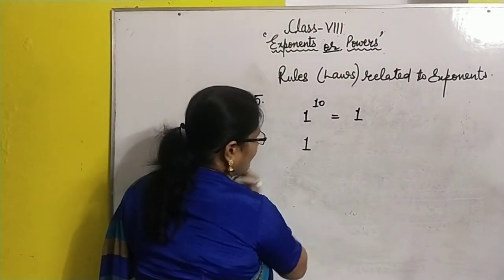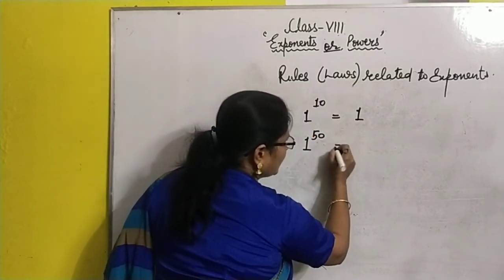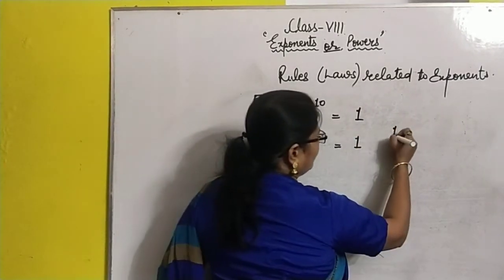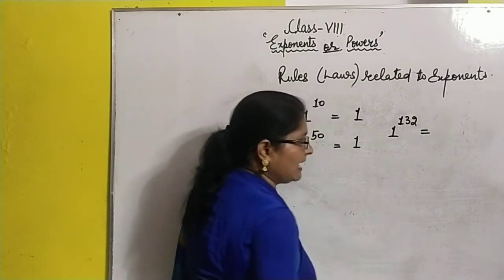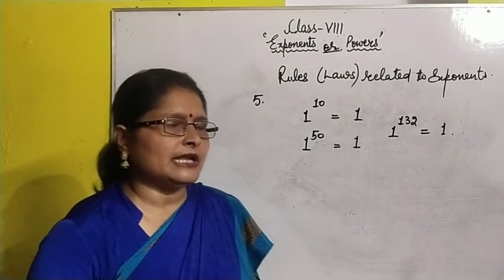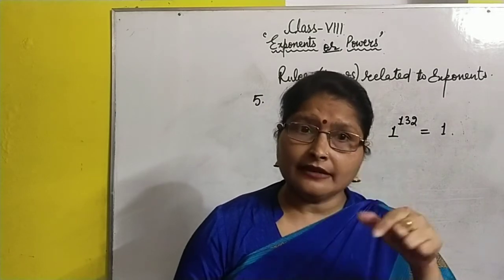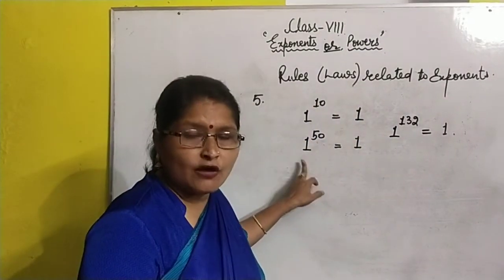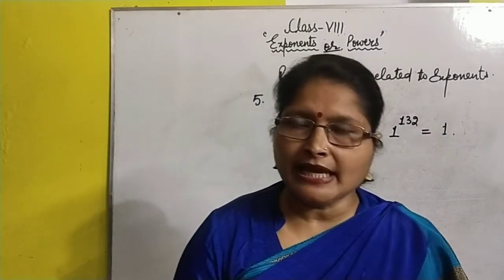Suppose I am taking 1 with the power 50, then what will be the answer? The answer will be 1. Suppose I am writing 1 to the power 132, so what will be the answer? 1. So it is very clear that whatever the power is, for the base 1 the answer will be the same, that will be 1.